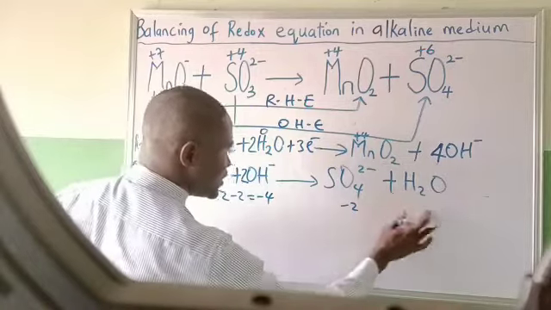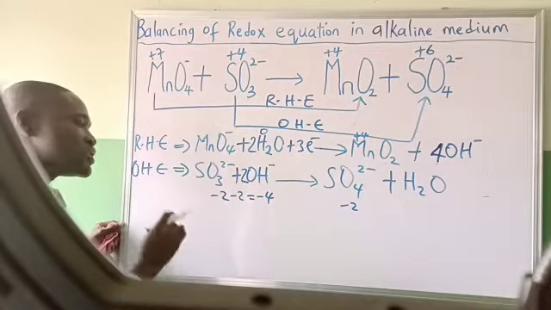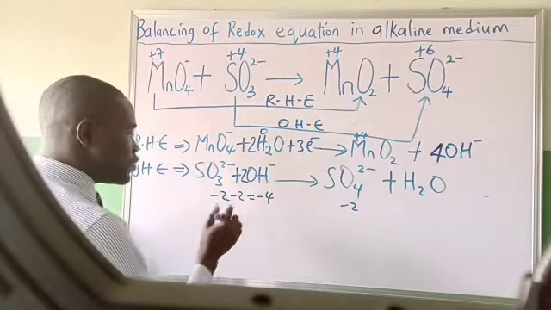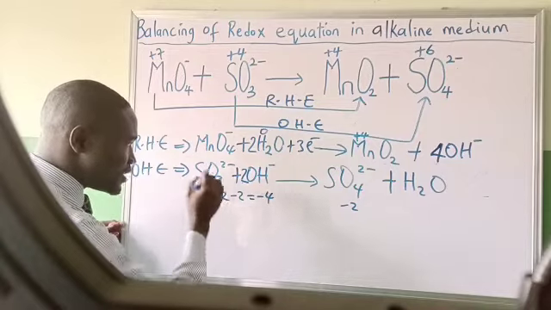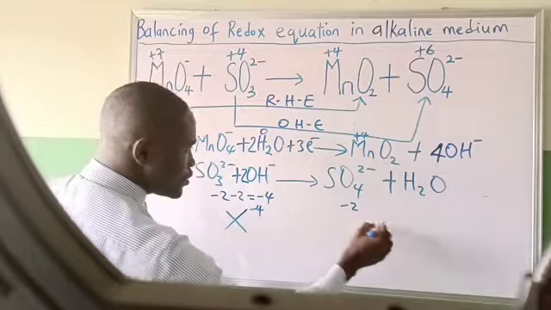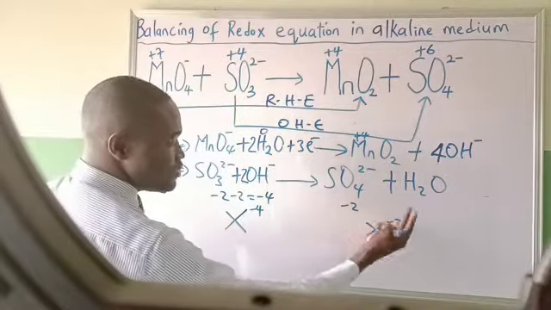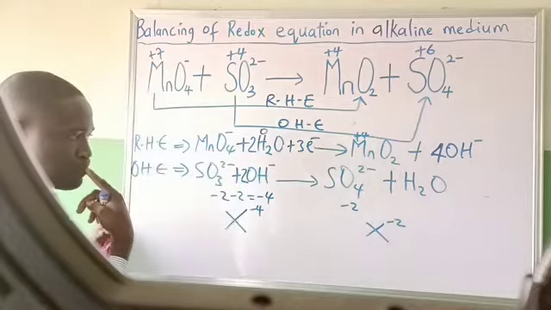So total here is -2, total here is -4. You ask yourself, what can you do? Let's represent everything here with x. Total charge of everything -4. Total charge of everything -2. It means it takes 4. Here it means it takes 2 electrons.